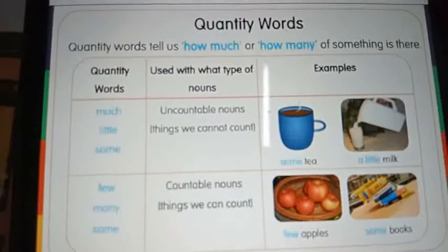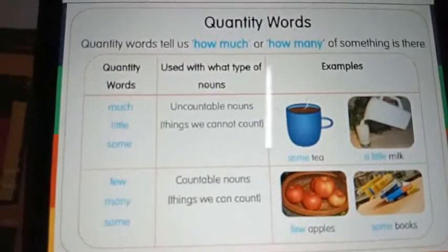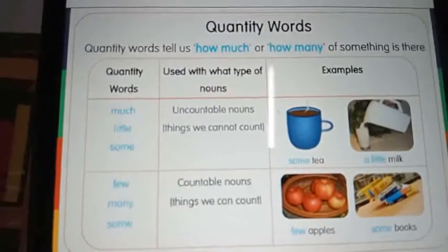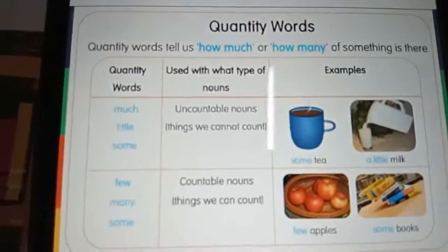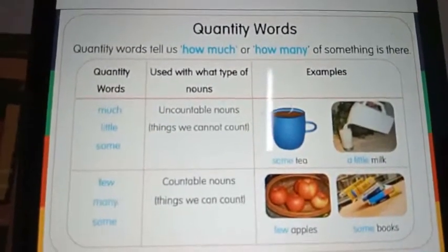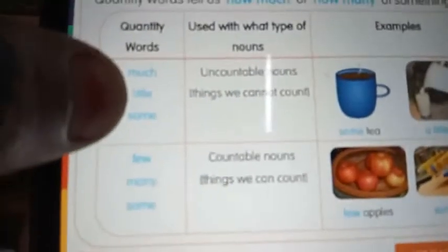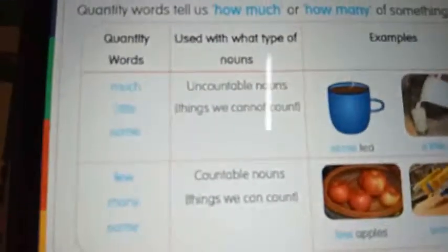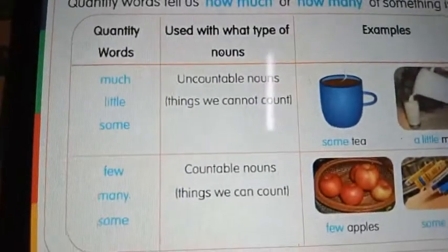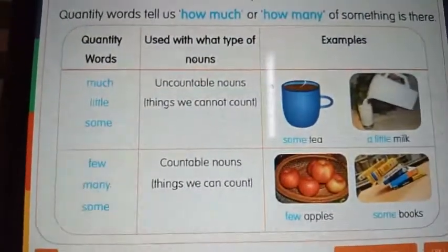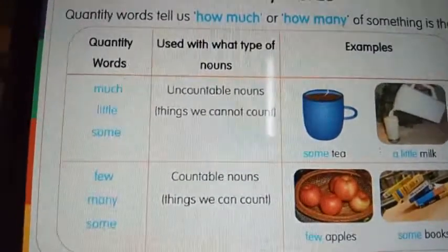See the CRP, my dear children. Quantity words tell us how much or how many of something there is, right? Quantity words, we already know: much, little, some. For uncountable nouns, things we cannot count, we have to use these words.